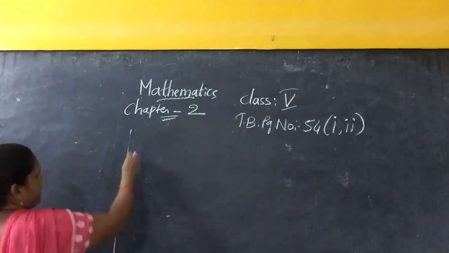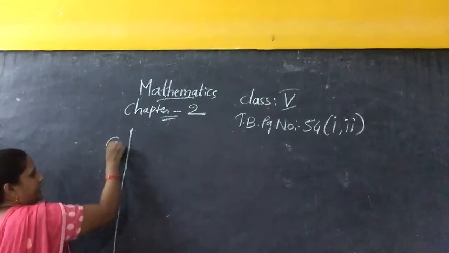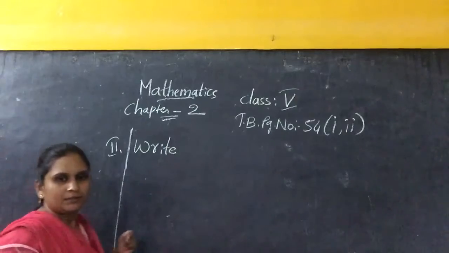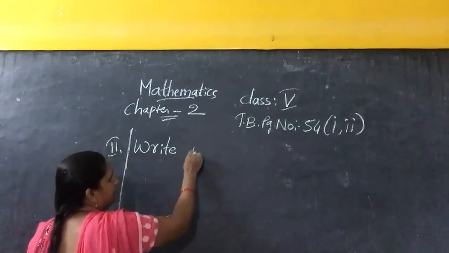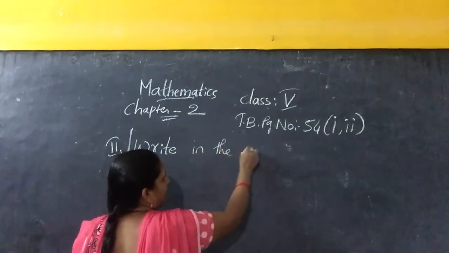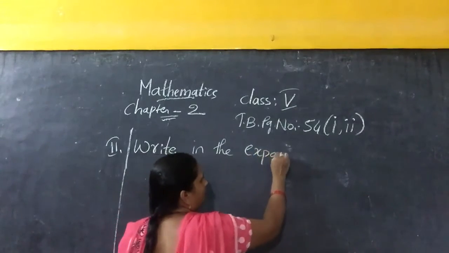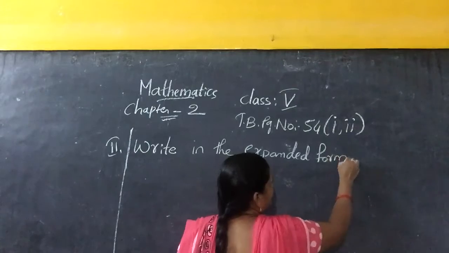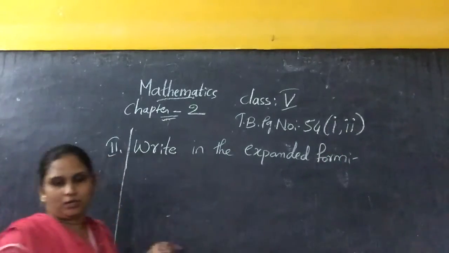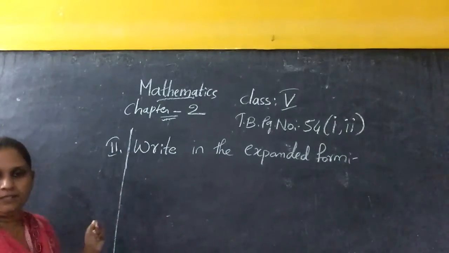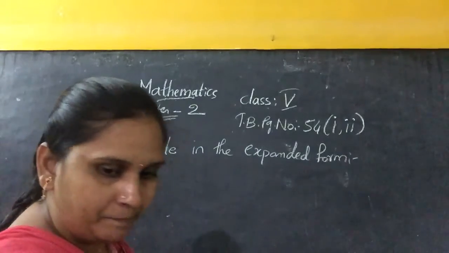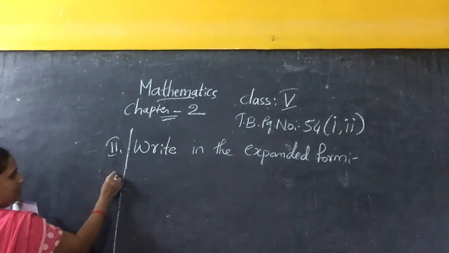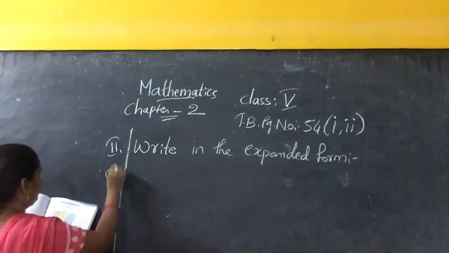The section 2 heading is: write in the expanded form. And in this, the first number is... Copy this heading with the black pen, and now copy the sum with the black pen too.